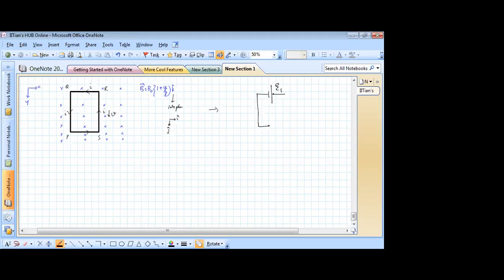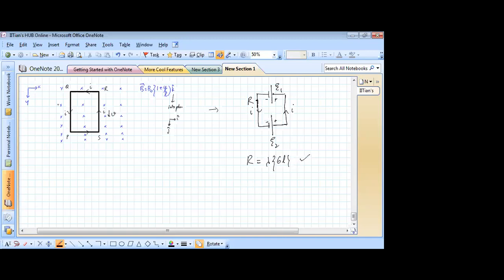And this section is going to act like a battery like this, let's say E2. And of course, there is some net resistance of the loop, let's say R. So R is equal to lambda into perimeter, which is 6L.